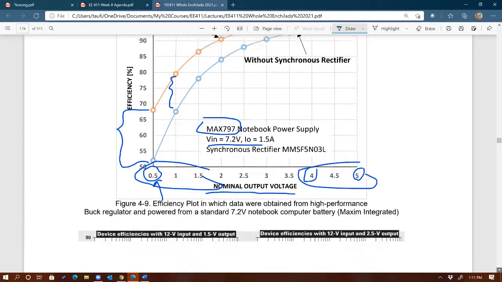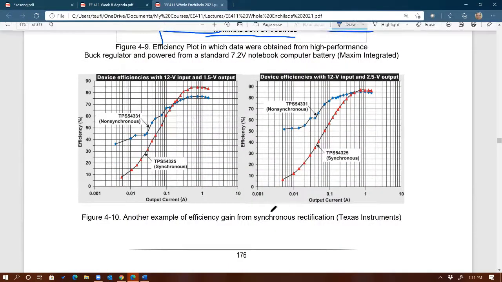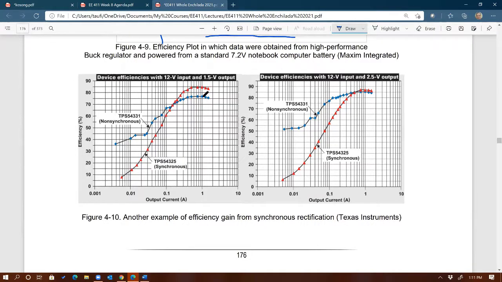Okay. And here are more examples. Output current versus efficiency, 12 volt input at 1.5 volt output, and the next one is 12 volt input at 2.5 volt output. So the one on the right is a higher output voltage than the one on the left. And this is from Texas Instruments. You can see the plots that have the blue dots and the red dots, right? The blue dots are for non-synchronous, the red dots for synchronous. So you can see the benefit of synchronous from the lower voltage out.